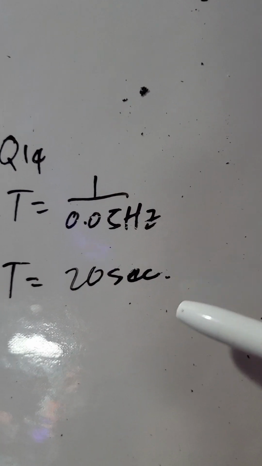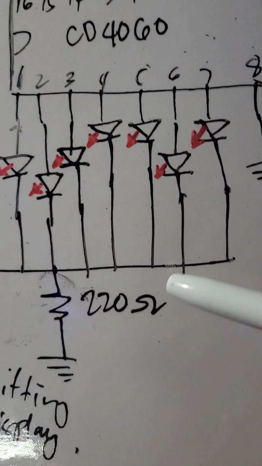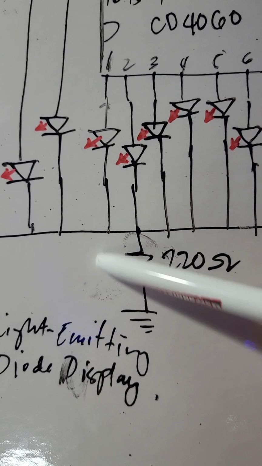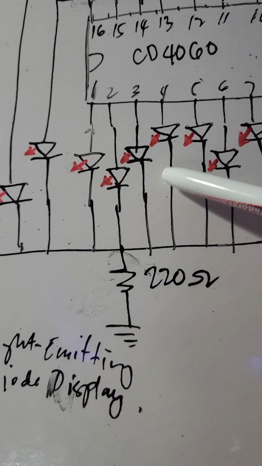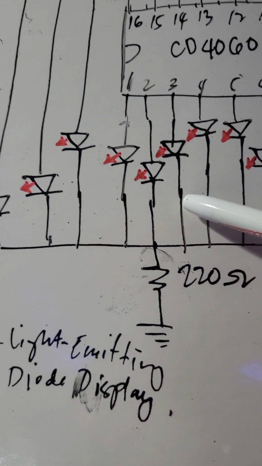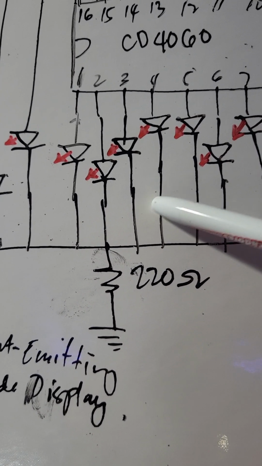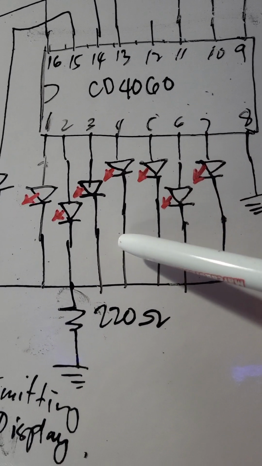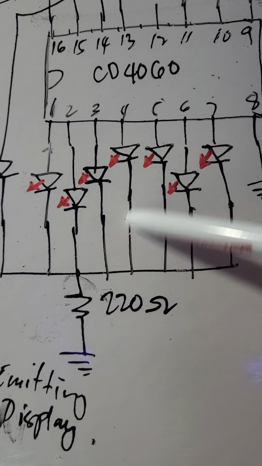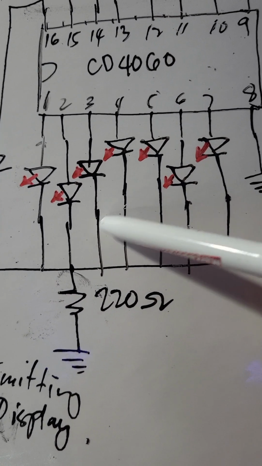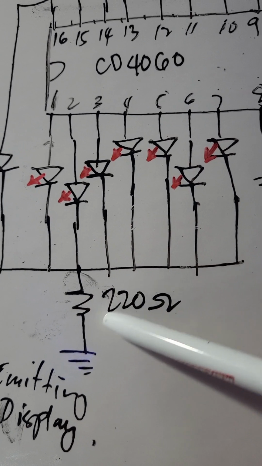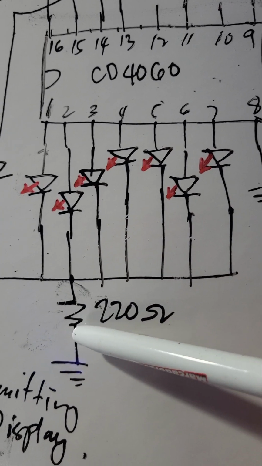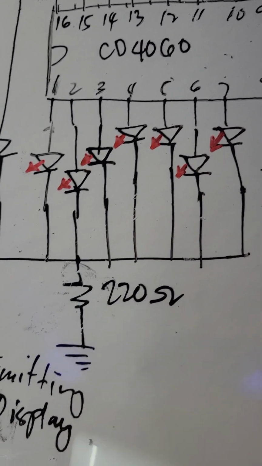Okay, so again, this is the display. The resistor here is a limiting resistor to prevent our display from overcurrent or over voltage, because this is 5 volts and this display needs only like 2.8 volts. So we need a 220 ohms resistor to limit the current and have a voltage drop as well.